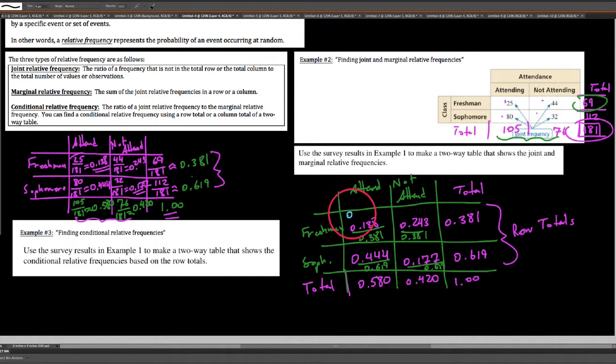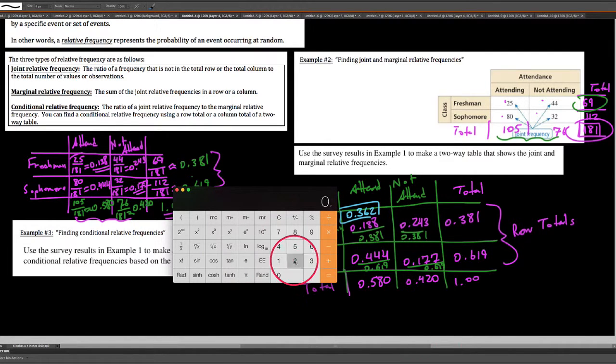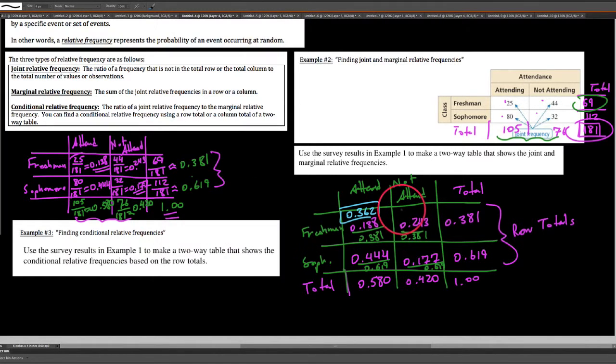So I'm going to put 0.362 right here. Let's take our 0.243 divided by 0.381, and we get about 0.638.